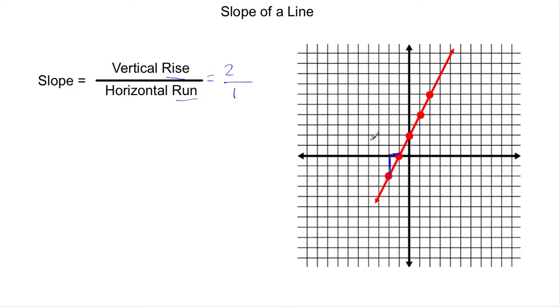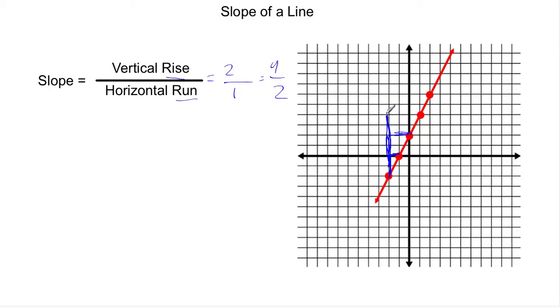Now the nice thing about this is, between any points on the line, it has this same ratio. So let's say I start here and I go up 4. If I go up 4 points, I go to the right 2 spaces. Well, this actually reduces to 2 over 1. I like to keep slopes in the most simplified manner because of this.